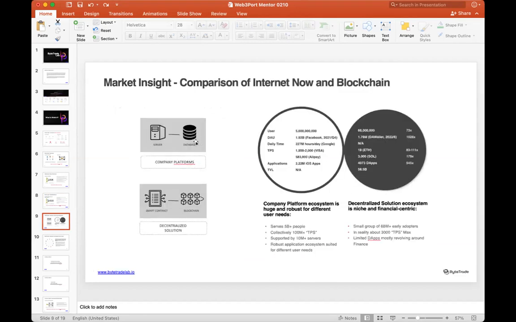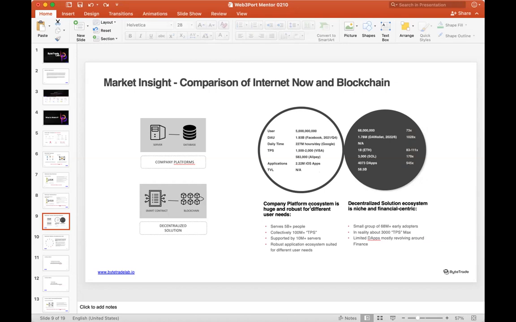However, when we compare company platforms and the decentralized solution, although a smart contract works similarly to a server and a blockchain is similar to a database, we can see they are not at the same level. Looking at the user base, DAU, TPS, and the variety of applications, there is a very big difference between these two solutions.